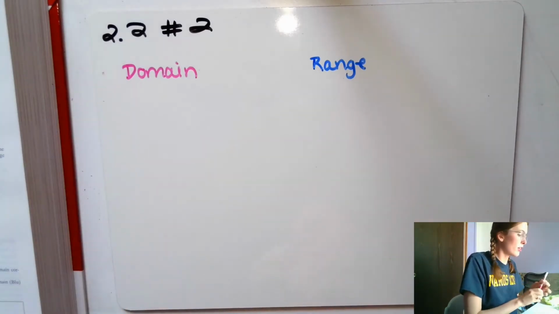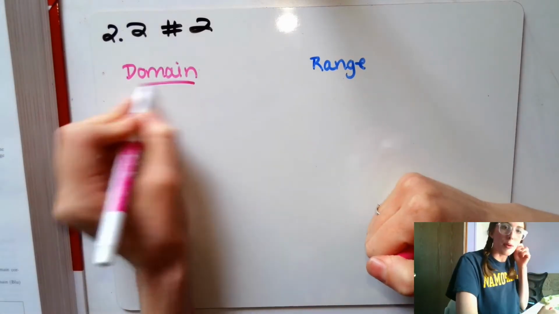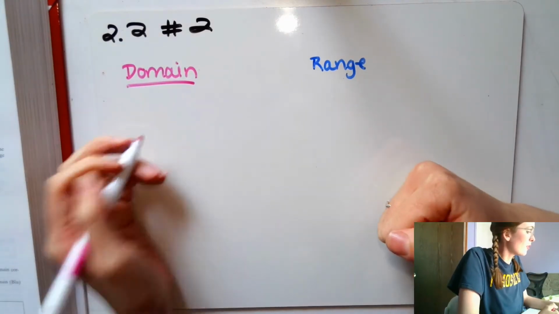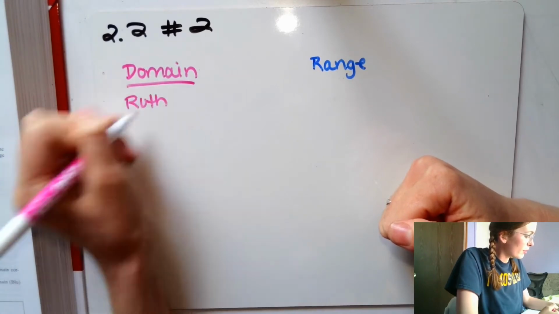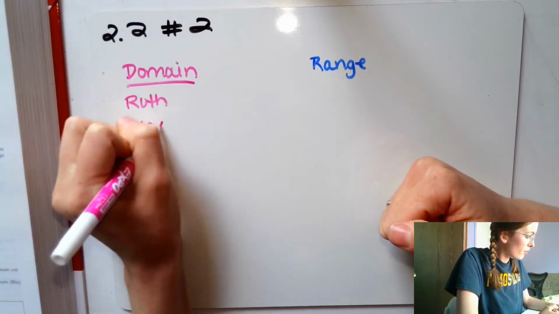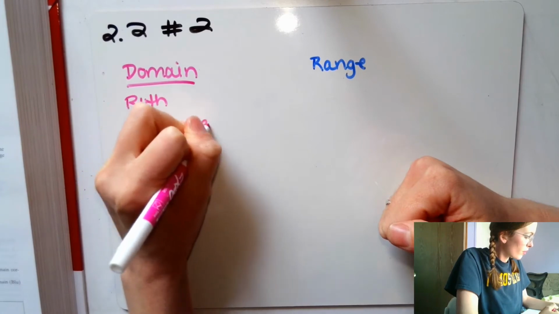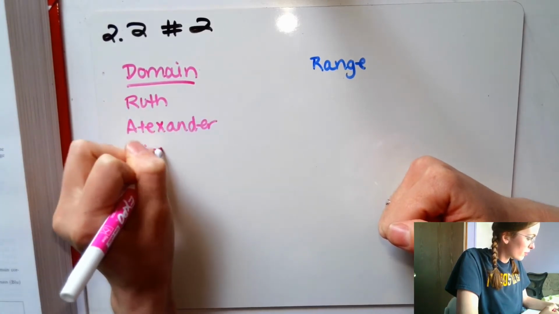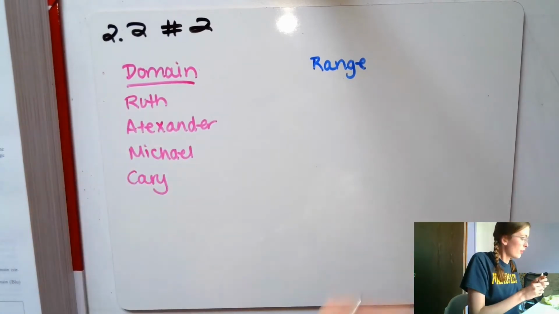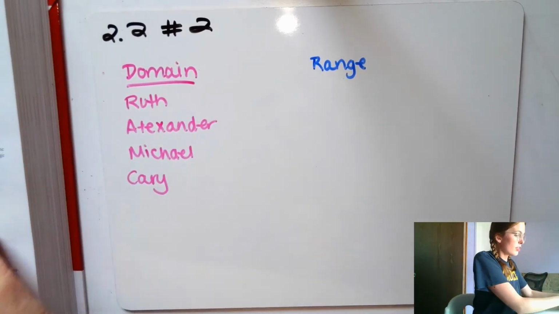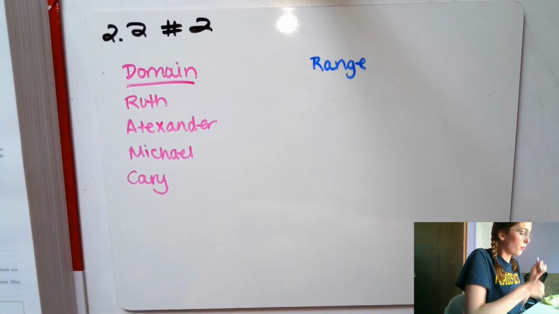So I'm going to write down a couple of names here. Let's see. Ruth, Alexander, Michael, and Carrie. Say. And then let's write down some weights for them.